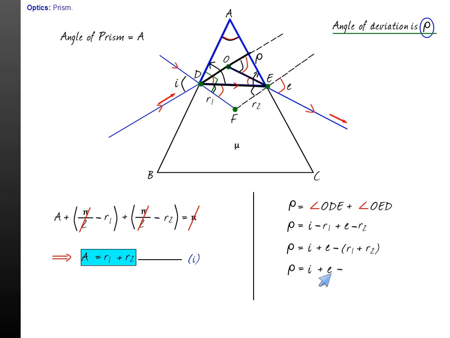But we have just proved R1 plus R2 is nothing but A, and therefore I plus E equals A plus rho. So friends, we have related the angle of incidence, angle of emergence, angle of prism, and the deviation angle.